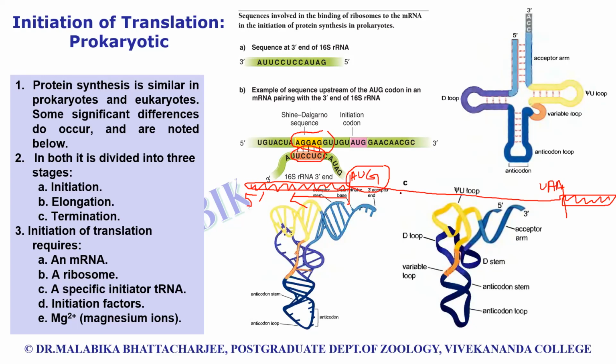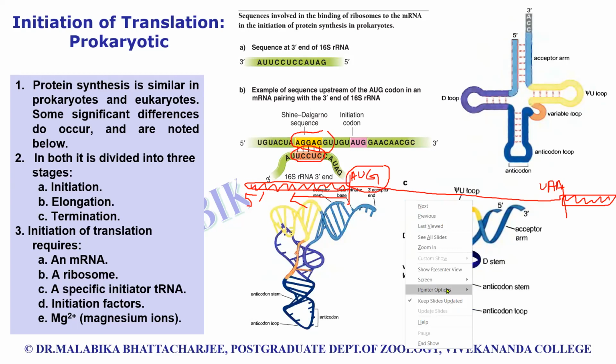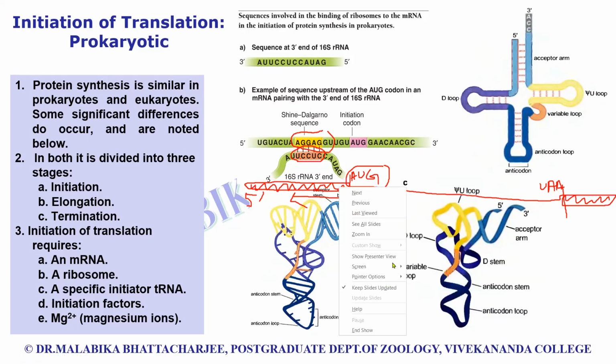So we have this sequence 8 to 10 nucleotides upstream of the start codon, somewhere around here.